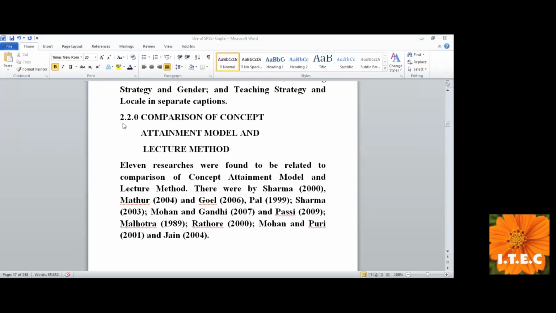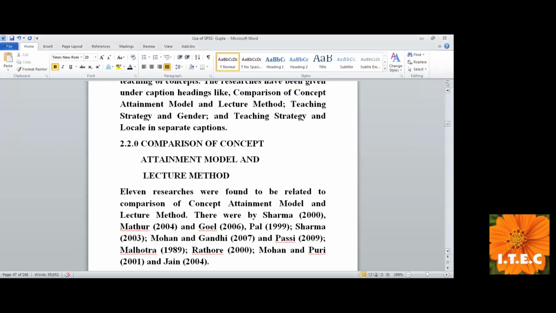Then you have to write another one, and another one. You see, you have written here comparison of concept attainment model and lecture method, then teaching strategy and gender.